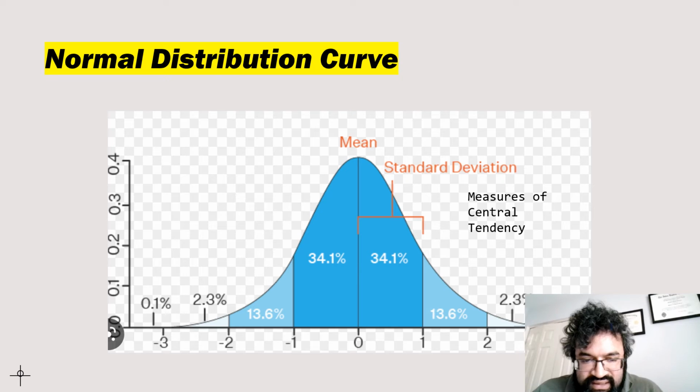Then if you're trying to go all the way to 3 standard deviations on both sides, that would be considered the 99th percentile. You can see it's about 2.3%, so you just keep adding. So this is the normal distribution curve. Again, one of the most important curves that you'll see in statistics, and you're bound to have questions coming from this.